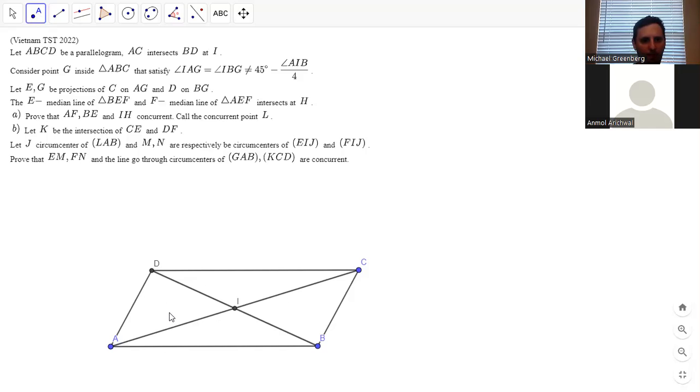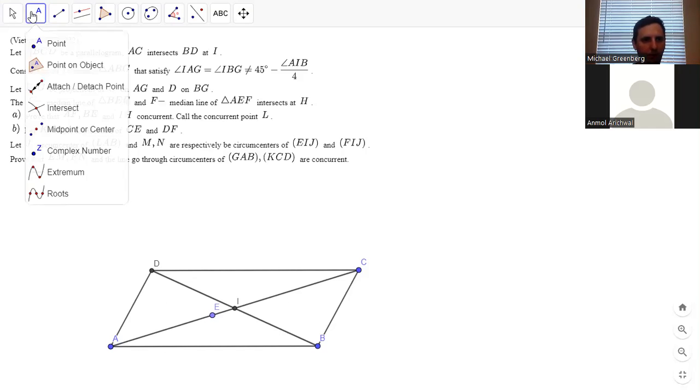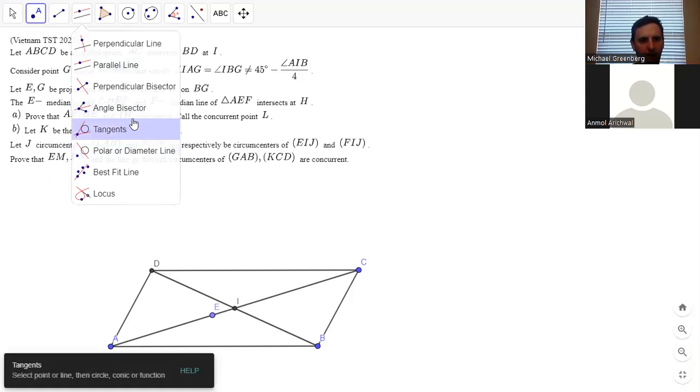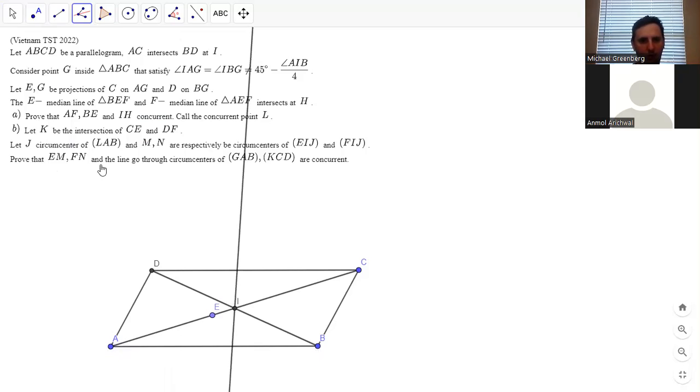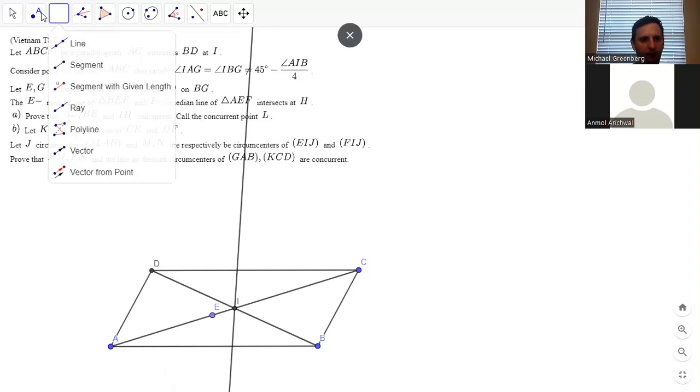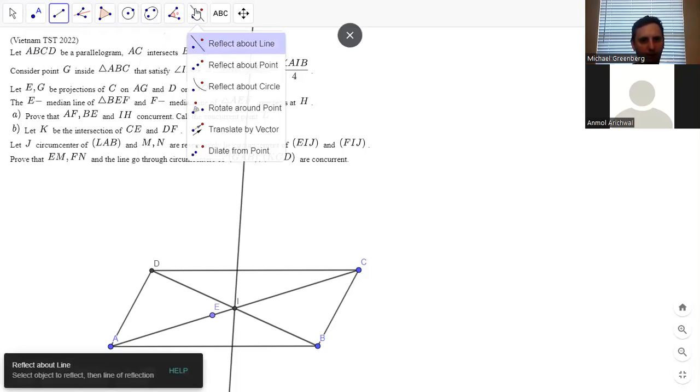What we could do is draw the angle bisector of AIB. And then I'm going to reflect a couple things.